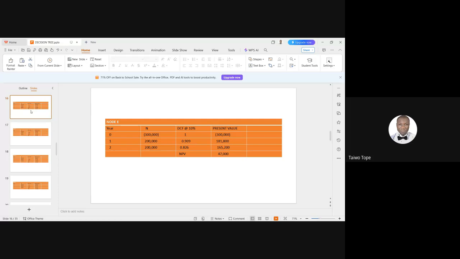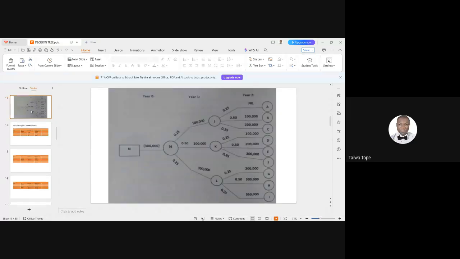Let's go back to the tree. Now you can see everything you have here. For A, you have an outcome already. You have an NPV derived for this point. You have an NPV derived for this point. You have an NPV derived for this point. This whole NPV, what will it result to at point J?